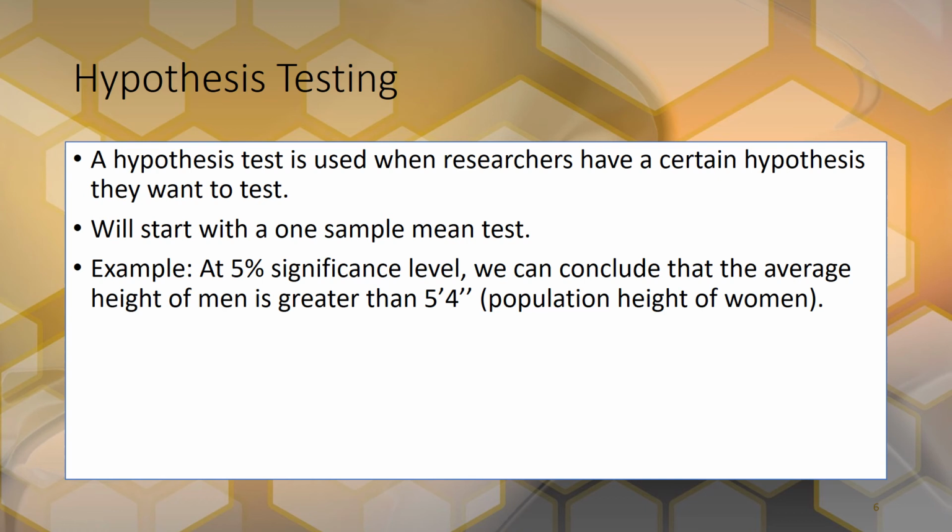The other type of inferential statistics is hypothesis testing, and this is when a researcher has a certain hypothesis that they want to test. So confidence interval is just estimating a population parameter like the population mean, and hypothesis testing is similar, but we have a specific hypothesis that we're testing, and we test it with the sample mean, but we're really making our hypothesis about the population mean because that's what we want to know about.